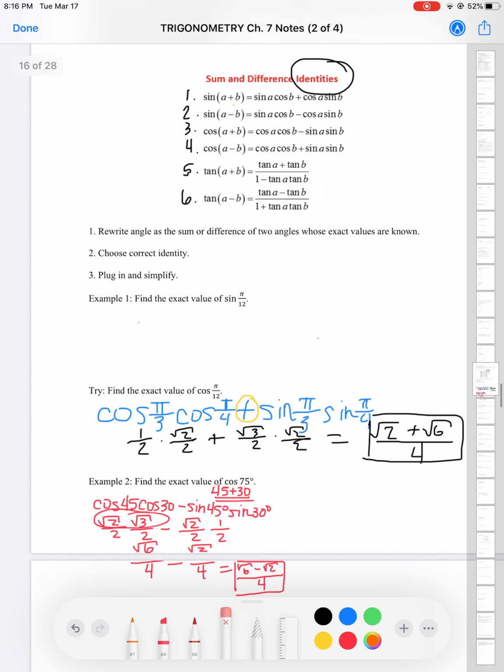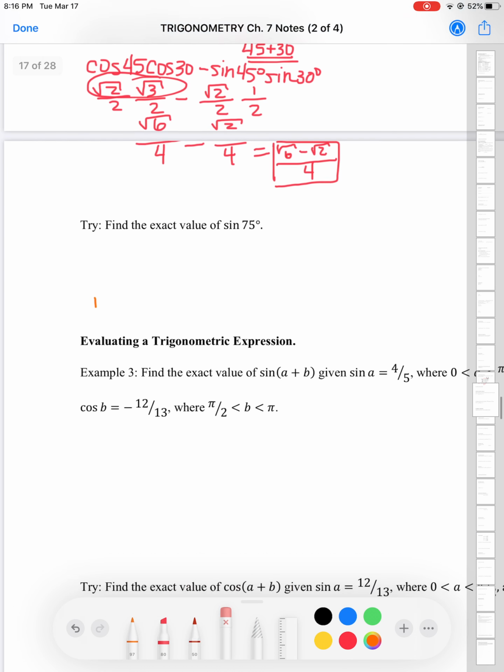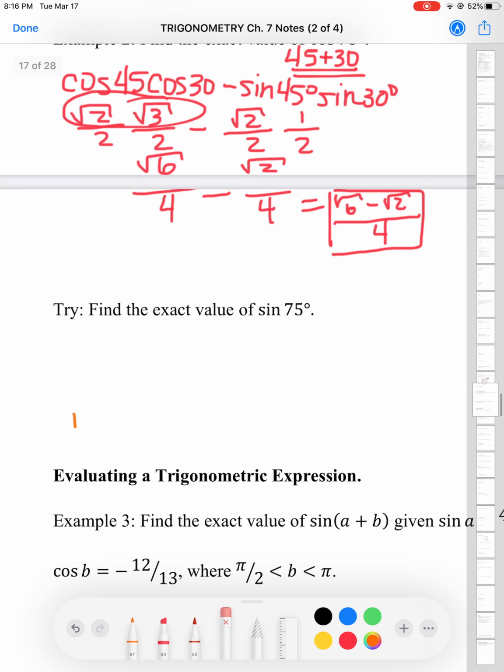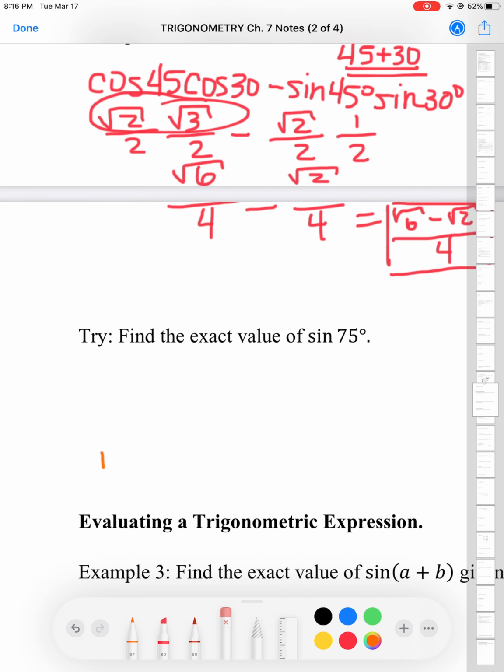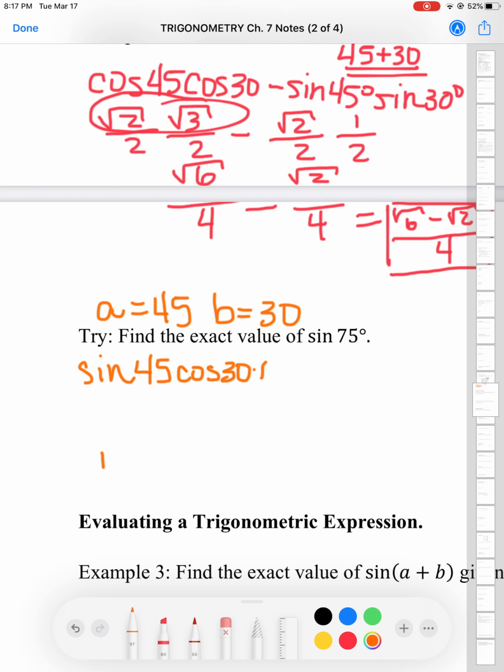So sine A cosine B plus cosine A sine B. So let's just say A is 45 and B is 30. So we've got sine 45 cosine 30 plus cosine 45 sine 30.